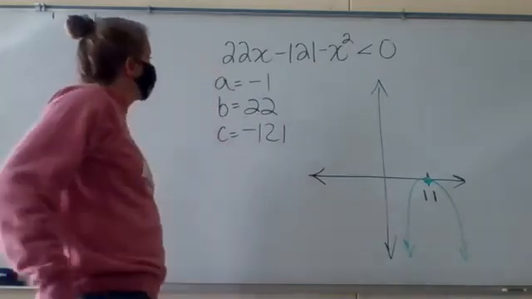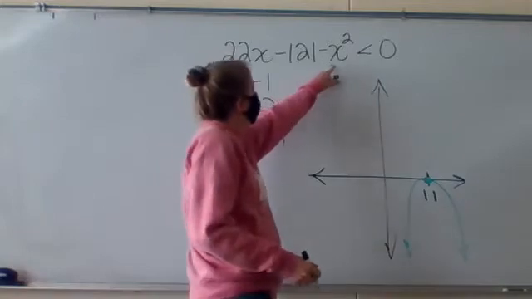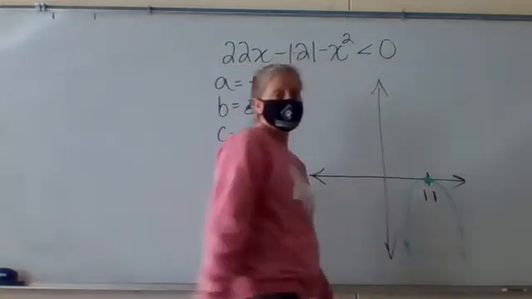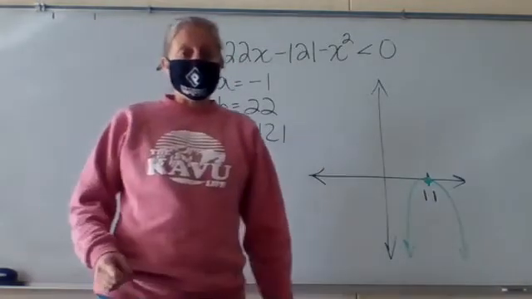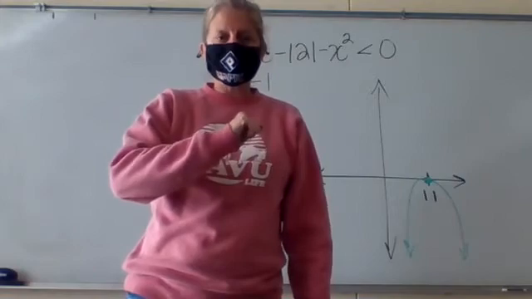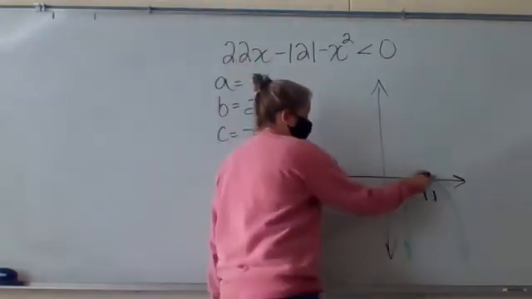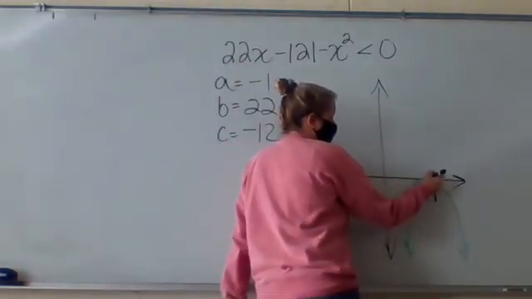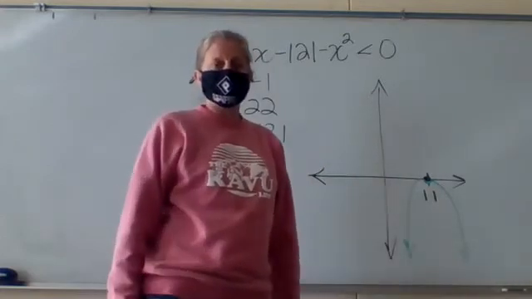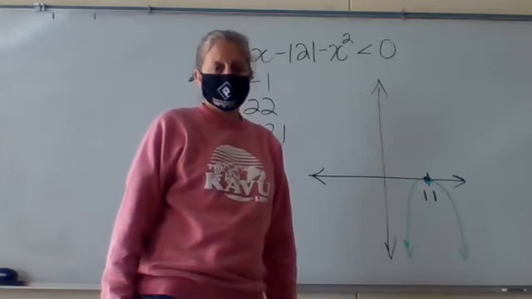Now, what is your question asking me? Where is it below 0? It's below 0 everywhere except 11. Right? It's not below 0 at 11. Here's where this right here is 11, and it's not below 0 there. That equals 0. If you're on the x-axis, you are the 0.